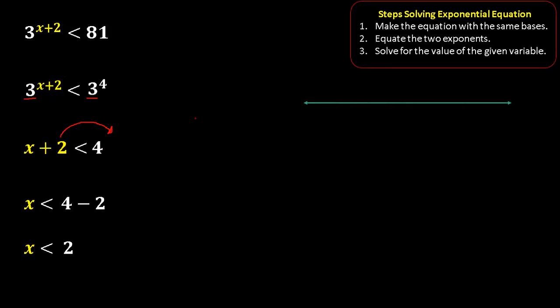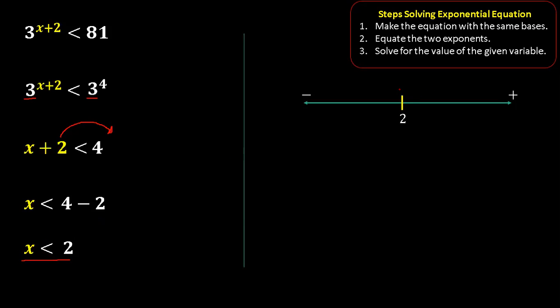So to find the solution set, if I have here a number line, we all know that on the left are negative numbers and on the right are all positive numbers. So basically, positive 2 can be found here. What does it mean when we say x less than 2? It means all values of x less than 2.